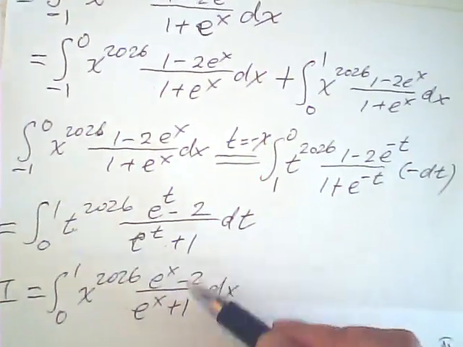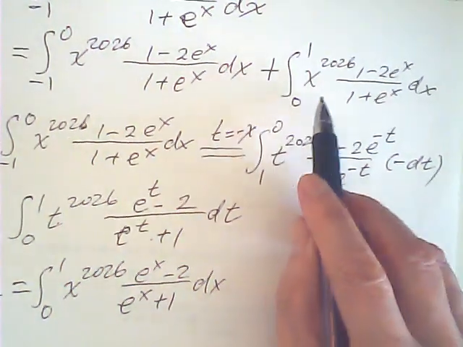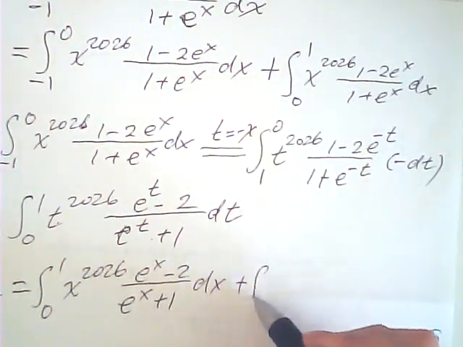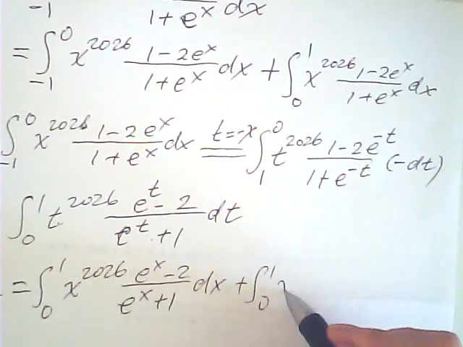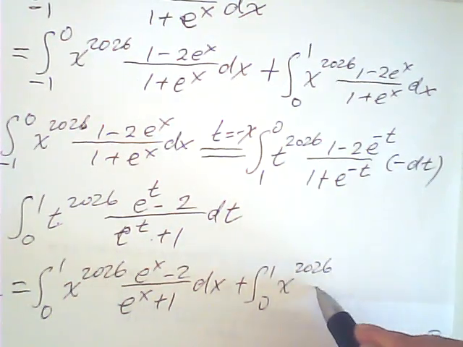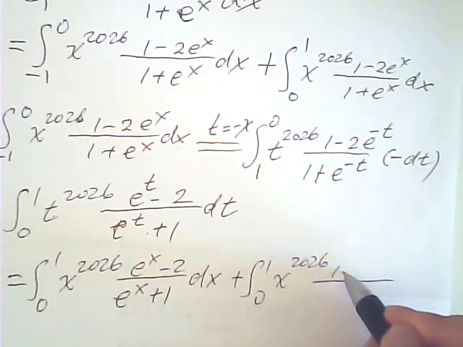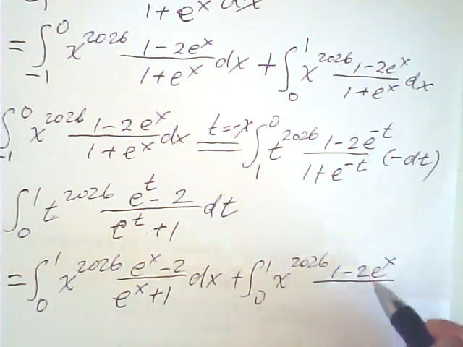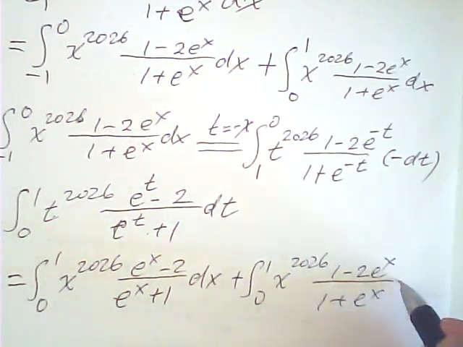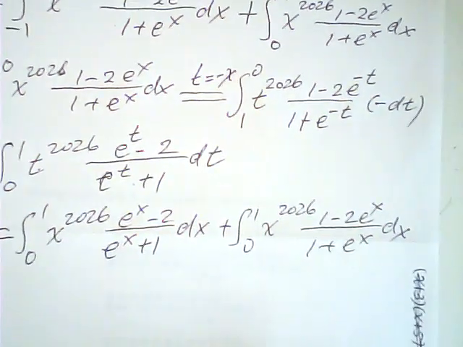It's just the same, t and x. And plus the second part from 0 to 1, x^2026 (1 - 2e^x)/(1 + e^x), right?